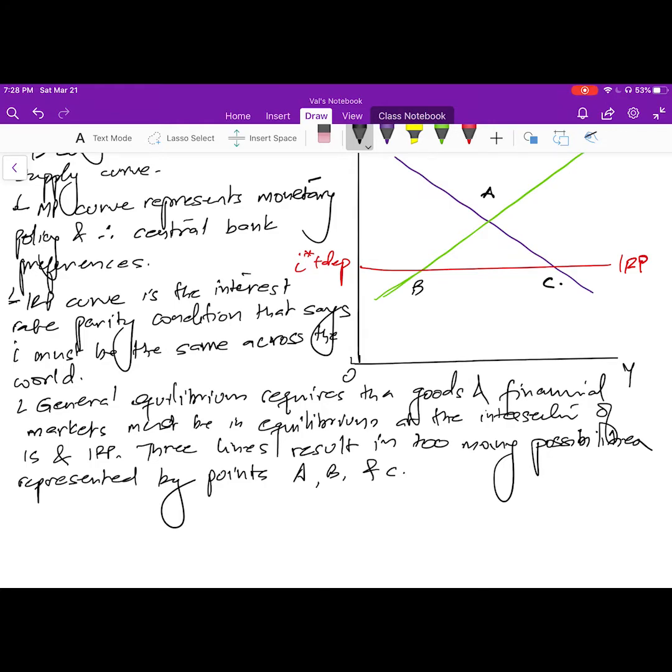Or what are essentially the three options that you have, right? So graphically, the impossible trinity, the three options.